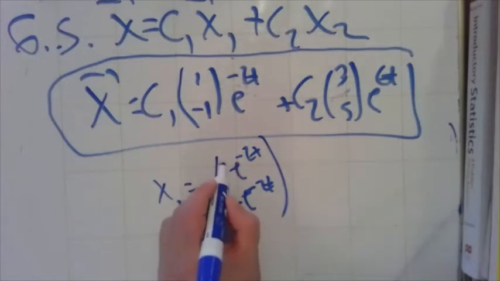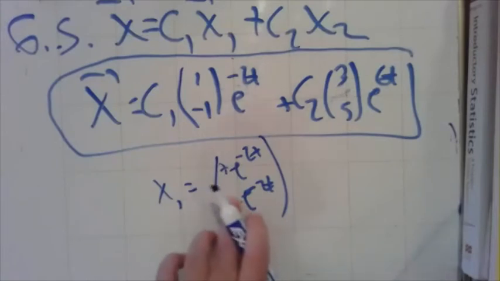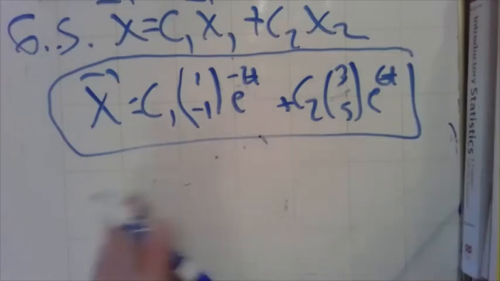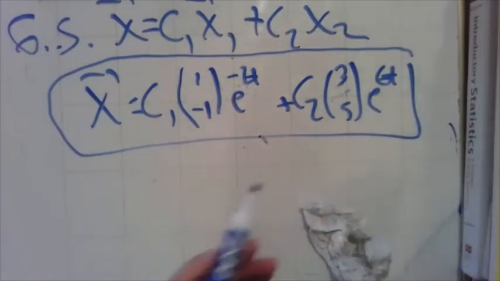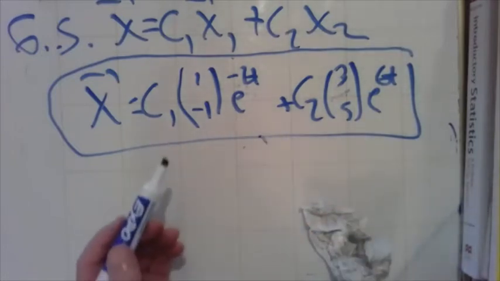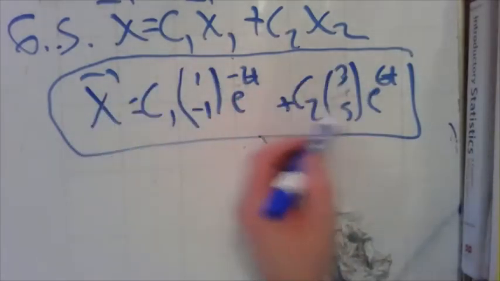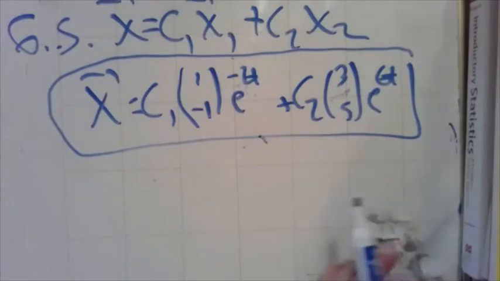I could put a 7 in front of both of these. That's still a solution. It would still satisfy that original matrix equation. Any multiple of a solution is also a solution. The sum of two solutions is another solution. So the general solution is every possible multiple of the first guy plus every possible multiple of the second guy.